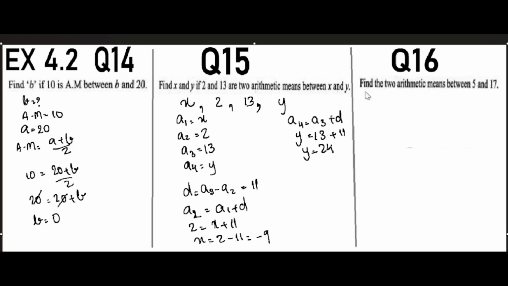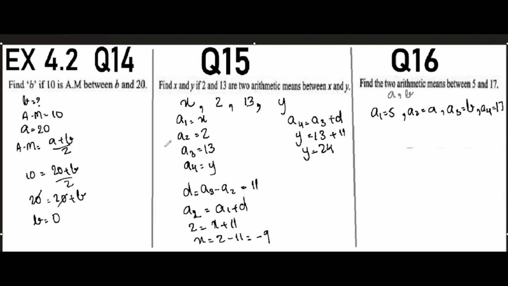Question number 16 is to find the two arithmetic means between 5 and 17. Let us consider that the two arithmetic means between 5 and 17 are a and b. Now the first term is going to be 5, the second term is a, the third term is b, and the fourth term is 17.